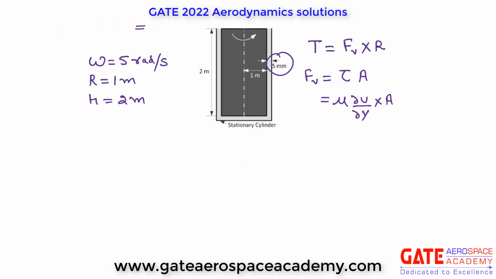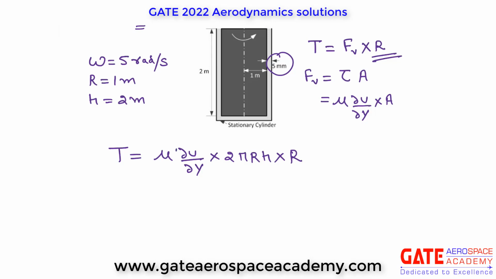What will be the area of this cylinder? 2 pi r h. So torque we can write shear stress mu dou u by dou y into area, that is 2 pi r h, into r. So this is the amount of torque needed, right?